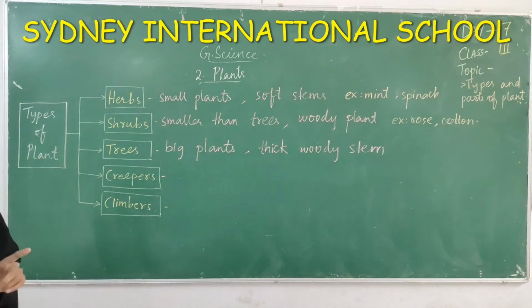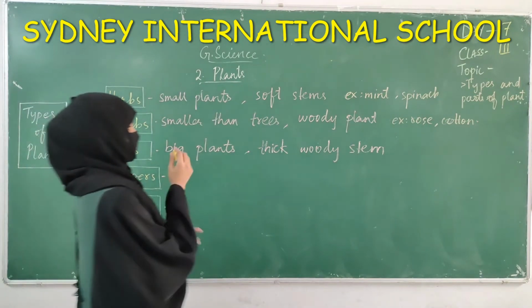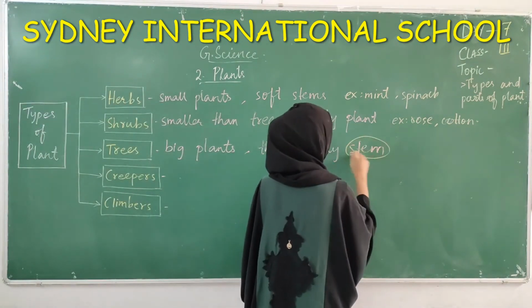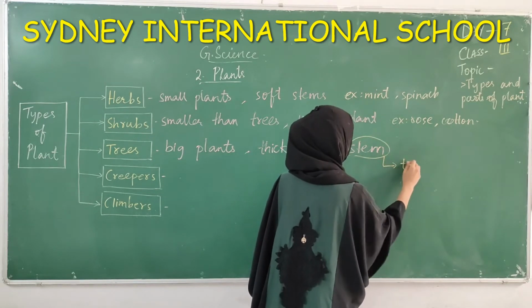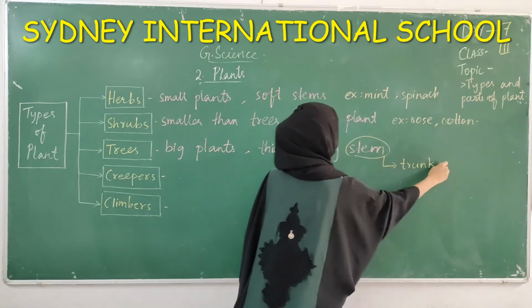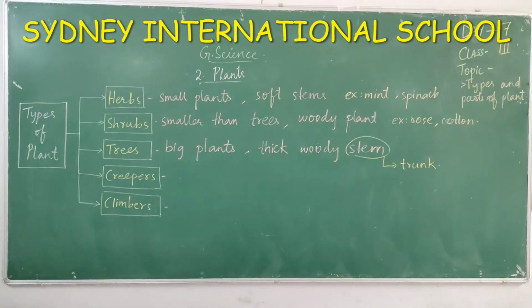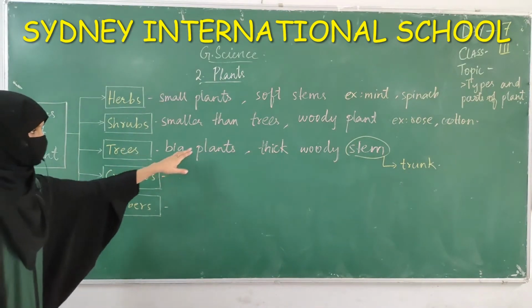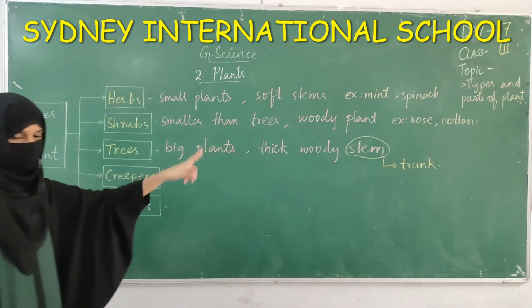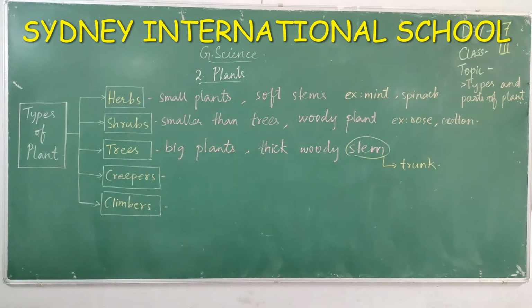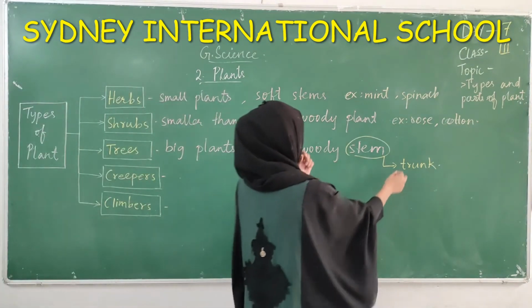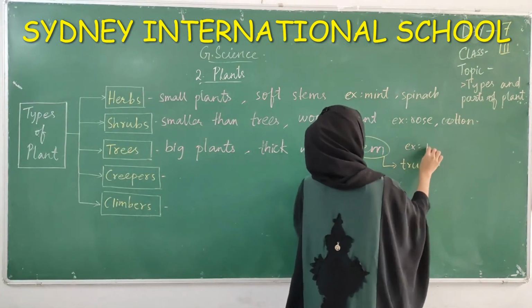Now, the stem of a tree is called a trunk. So what are trees? Trees are big plants with thick woody stem, and the stem of a tree is called a trunk.